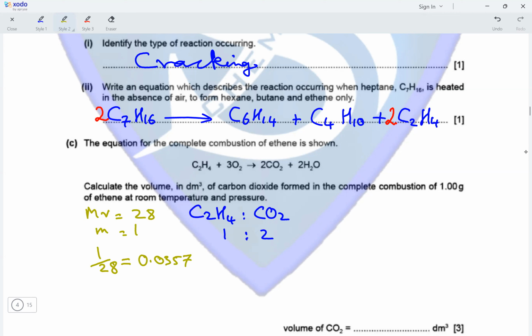So if the moles of ethene is 0.0357, then the moles of carbon dioxide would be 2 times 0.0357, which would give us a value of 0.0714.